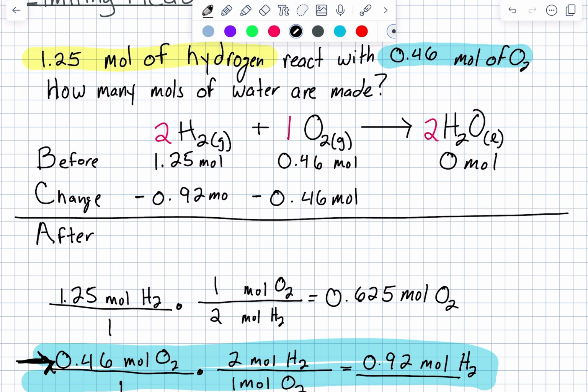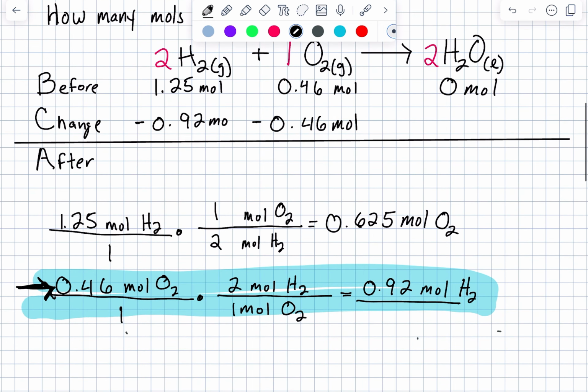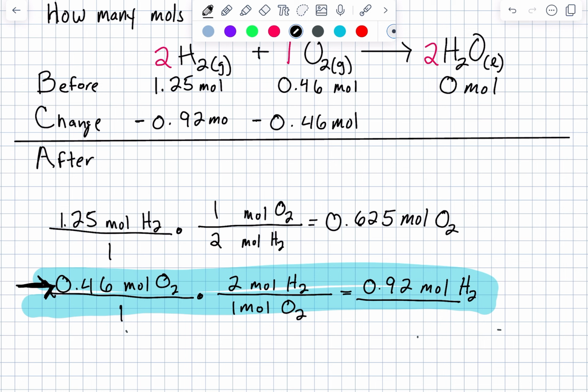And so now, well, how much water is made? We're going to do another mole ratio. So in this case, I can look and I notice that for every 2 moles of hydrogen, I produce 2 moles of water. And since I can compare moles directly, that tells me that I'm going to produce 0.92 moles of water. Don't believe me? Let's try it.